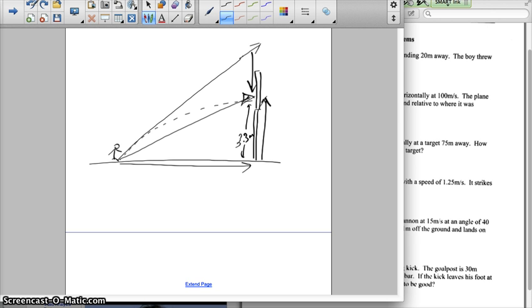Okay. So the goalpost is 30 meters away. That's my delta x, right? And my delta y is going to be 3.3 meters. Sorry. This vector up here is 1/2 a t squared, which is 5 t squared, so a is 10 meters per second squared.